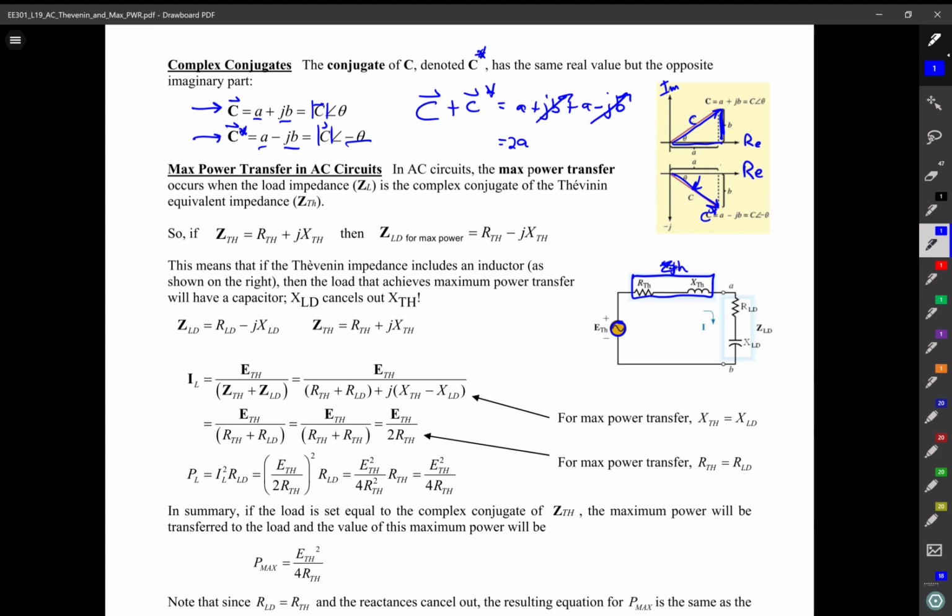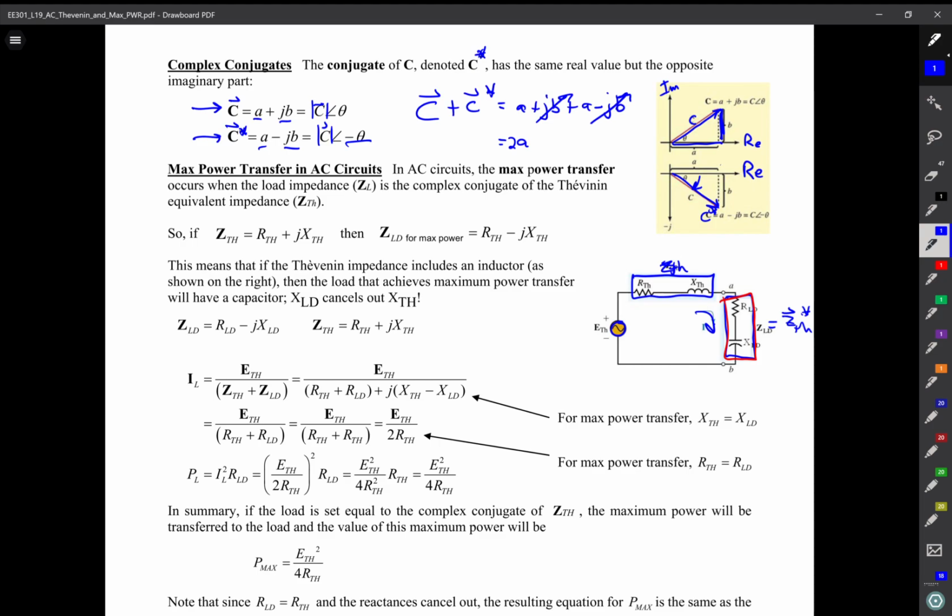Now we say that the Z load is equal to Z Thevenin complex conjugate, which means that max power is transferred to this load right here, and I'll just put it in red again. Okay. Now, let's see what happens to the current through that path. Well, we know that in a circuit like this, we have two impedances, Z Thevenin and Z load, and I'm going to add those two together because they're in series.